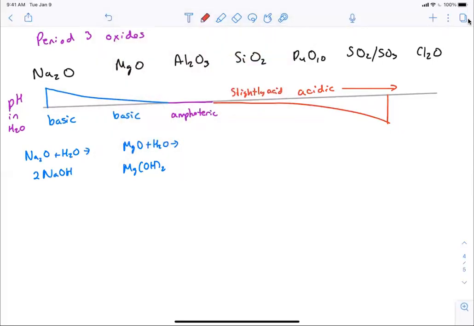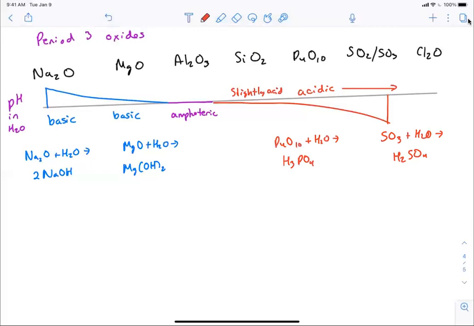And on the other end of the spectrum, you have to know P4O10 plus water yields H3PO4. And that SO2 or SO3 with water forms H2SO3 or H2SO4 respectively. Those are the 4 reactions you need to know for this trend of period 3 oxides.